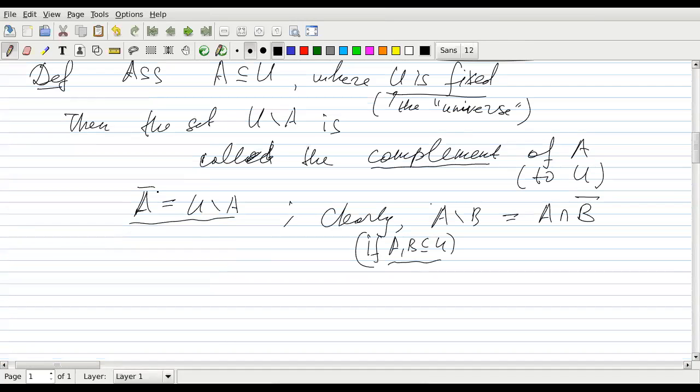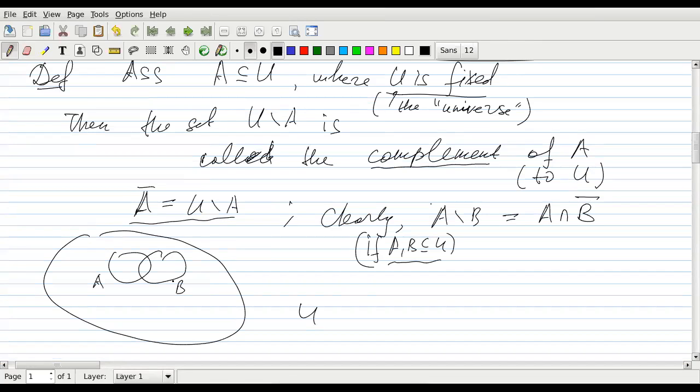If we have two subsets of some U, what is A minus B? This is just the intersection of A and the complement of B. Is it clear? Yeah. Of course, it is quite trivial.